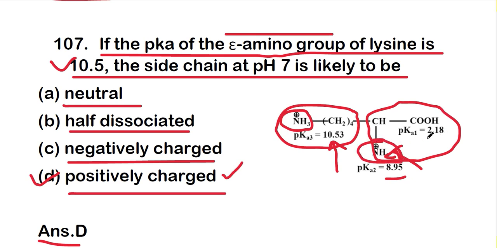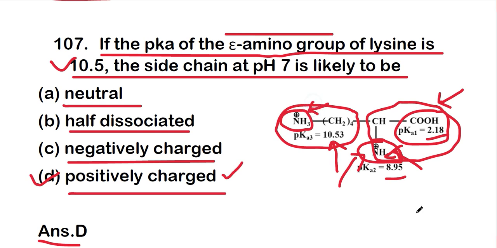And firstly, at pH 2.18, it releases the H plus ion from the COOH group. First they release the hydrogen ion from the COOH group, then at pH 8.95 from the amino group, and then after 10.53 they release their hydrogen ion from the side chain amino group.